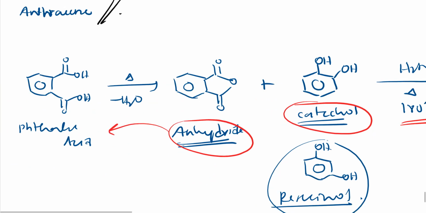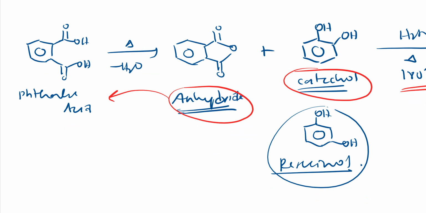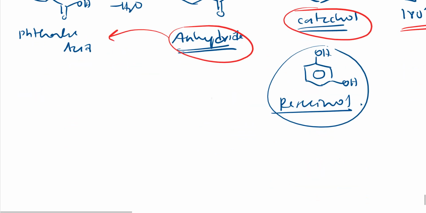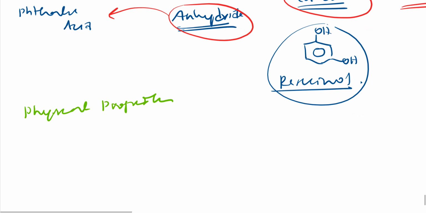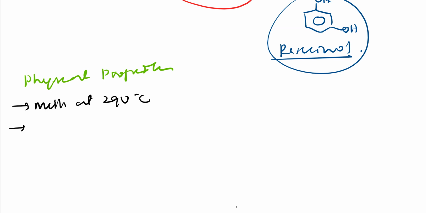So before going further, let us see some physical properties of alizarin. These are simple. First one, it melts at 290 degrees Celsius. Just remember these. It sublimes on heating.